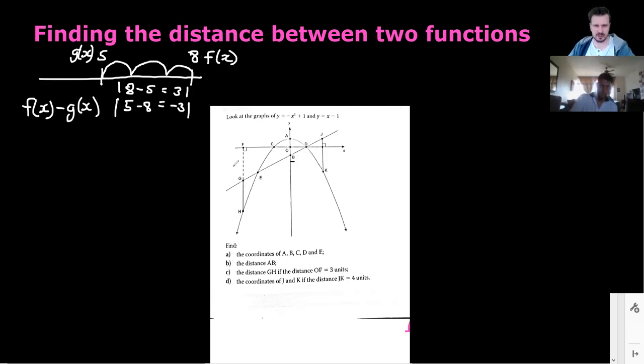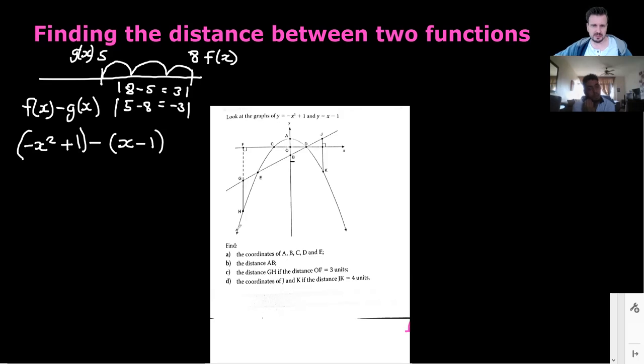Okay. So, for example, we've labeled these functions a little bit differently. Instead, they've actually written them both as y and y. But if I wanted to find the distance between these functions at any point, I could simply just write negative x squared plus 1 minus x minus 1. Okay, so these are the two functions that I'm minusing from each other.